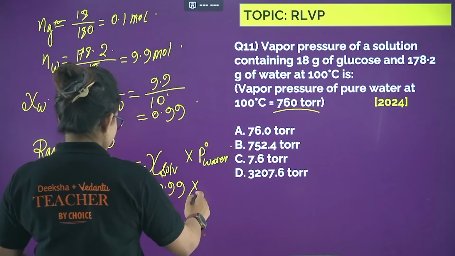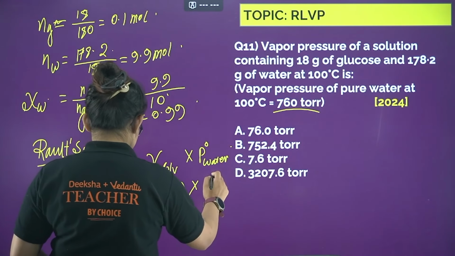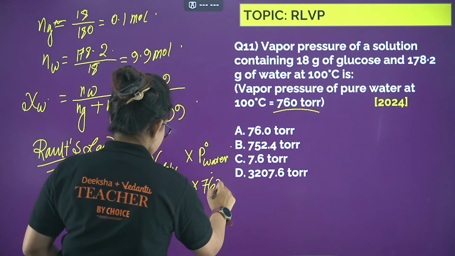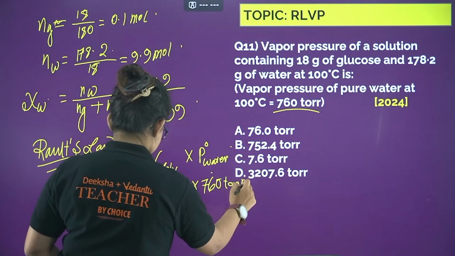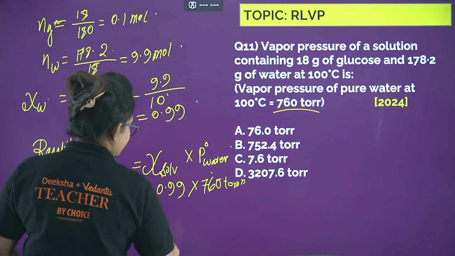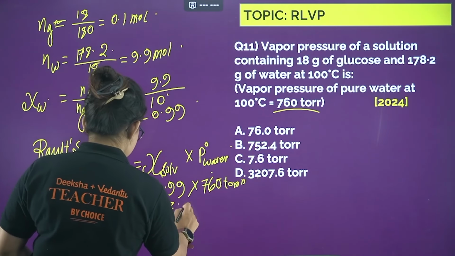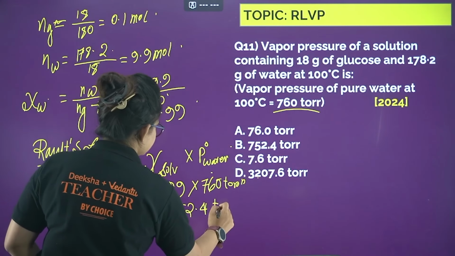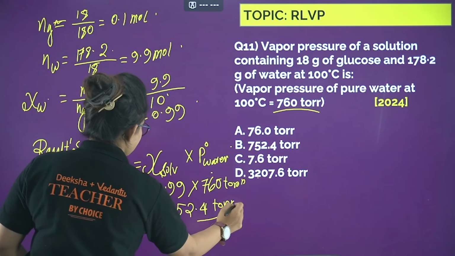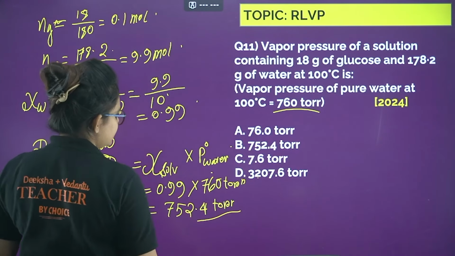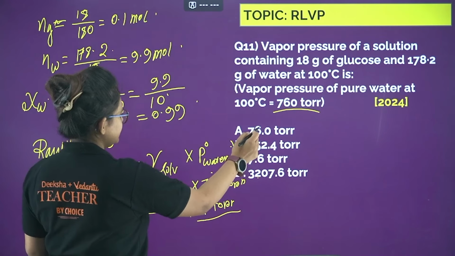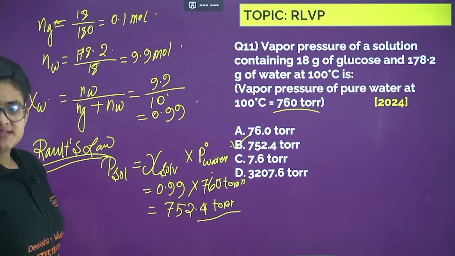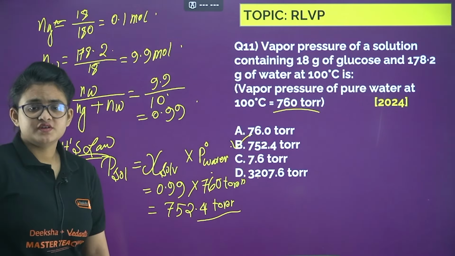So if you calculate, your value will come as 752.4 torr. So you can see your answer is option B. I guess you understood this. Let's proceed to the next one.